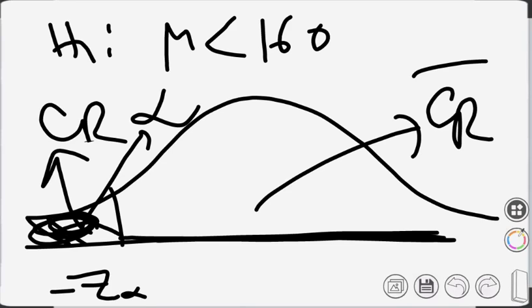If the alternate hypothesis is less than something, then the critical region will be to the left. The test will always be either a two-tail test, a right-tail test or a left-tail test. That will be decided by the question.